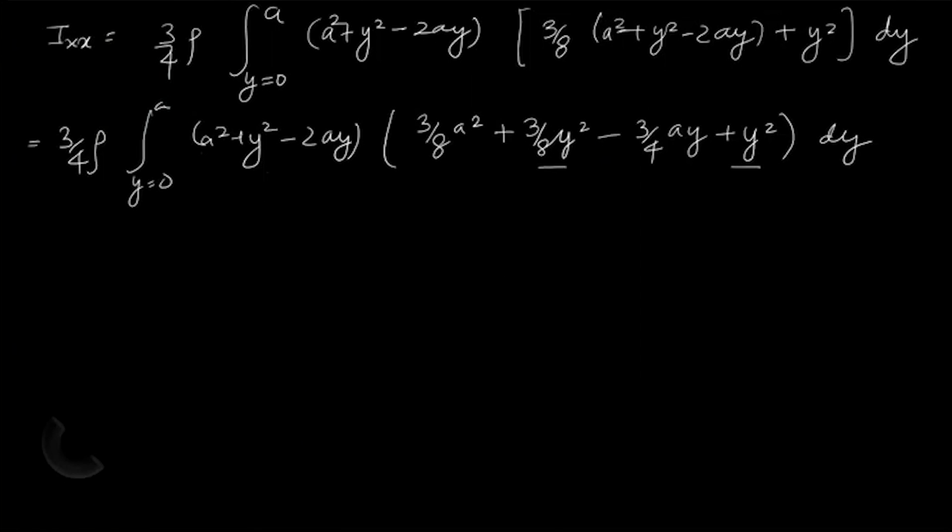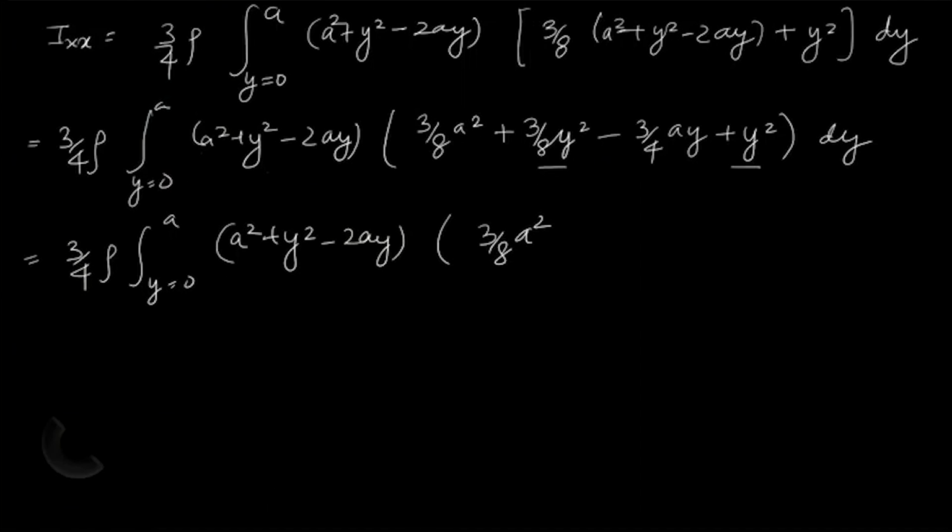This will give us 11 over 8 y square. So let's write 3 over 4 rho, 0 to a, (a square plus y square minus 2ay) times (3 over 8 a square plus 11 over 8 y square minus 3 over 4 ay) dy.